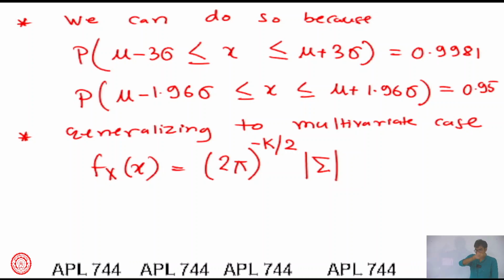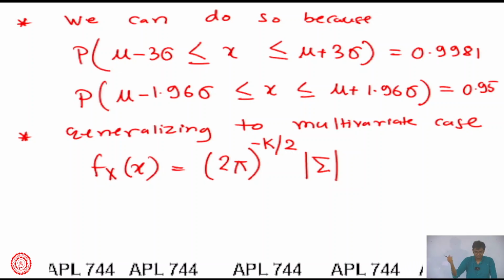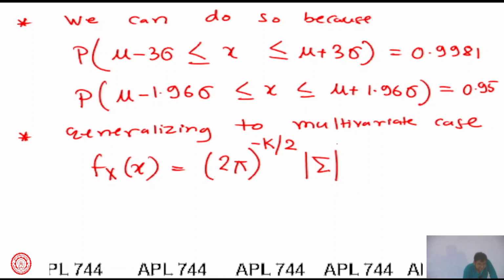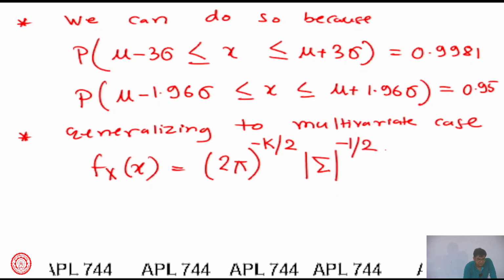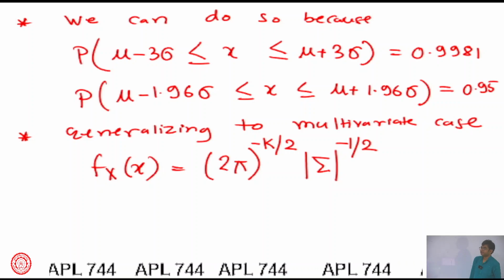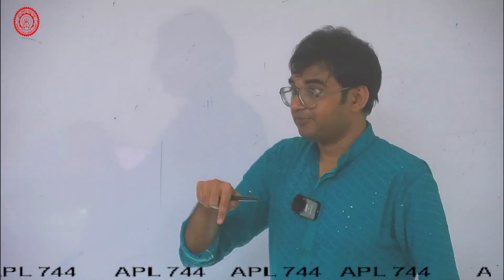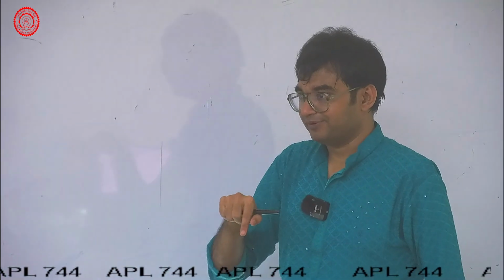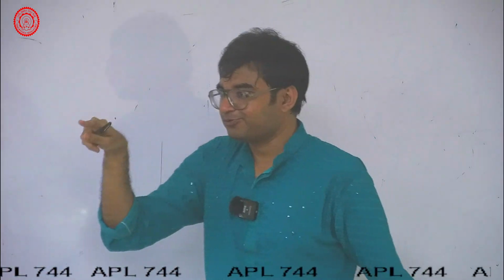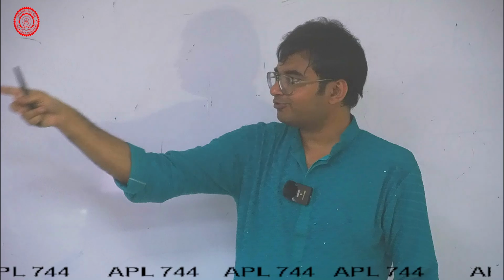Covariance corresponds to variance, so it should be minus half. How did we get minus half? It was 1 by square root of sigma square. Because it is in the denominator, you get minus half, and sigma becomes the determinant because it has to be a scalar.